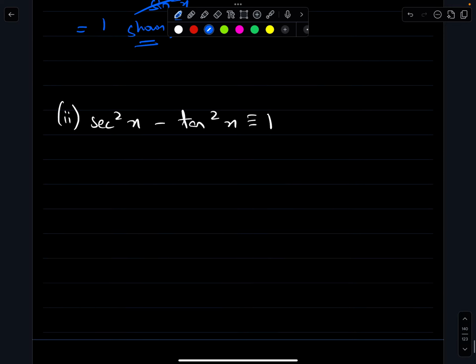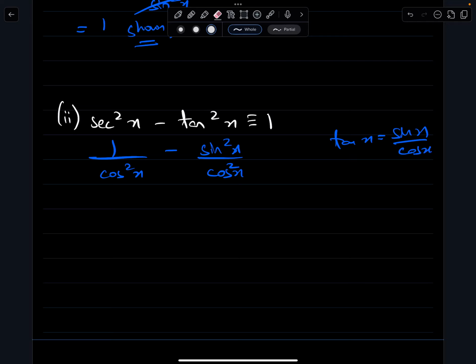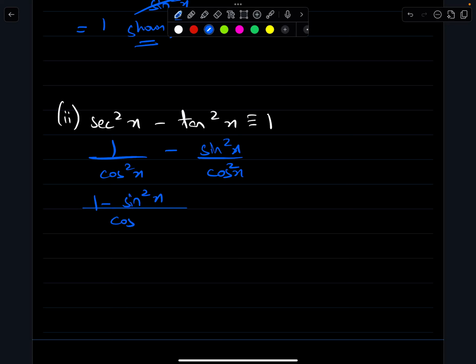Similarly, I have this. So I can write down secant square x as 1 over cos square x and tan square x as sine square x over cos square x, using the identity of tan x is equal to sine x over cos x. Then we have the same denominator. Thus, I have 1 minus sine square x over cos square x.